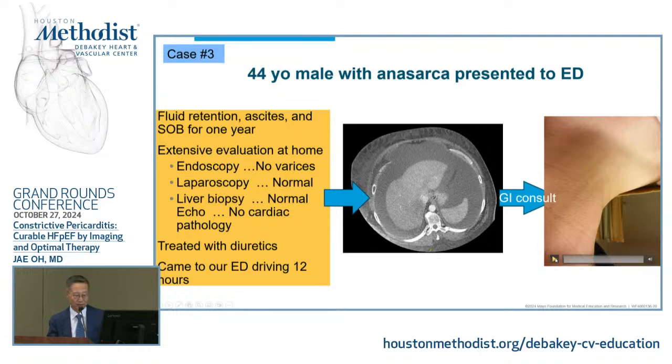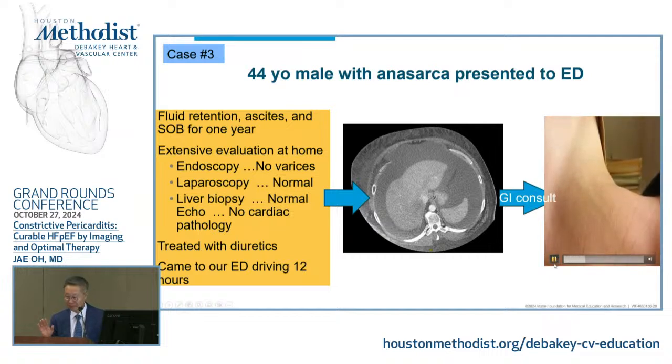The patient was referred to our GI because of ascites, and luckily our GI consultant looked at his neck vein first, because they have seen it many times that people come with liver problems and ascites and it turns out to be constriction and myocardial disease.